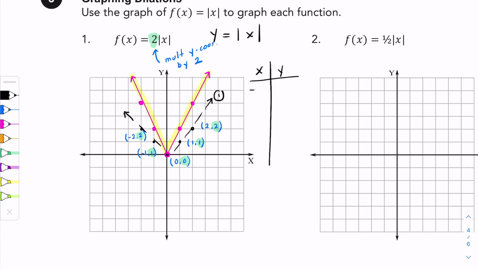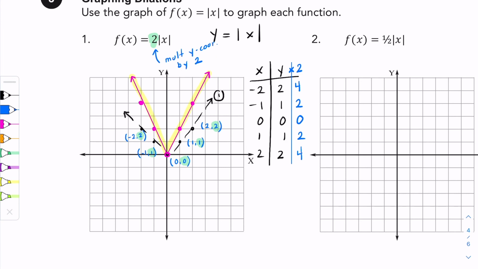So we have values at (-2, 2), (-1, 1), (0, 0), (1, 1), (2, 2). You would make another column on your table, and you would multiply the y coordinates by 2. 2 times 2 is 4. 1 times 2 is 2. 0 times 2 is 0. 1 times 2 is 2, and 2 times 2 is 4.